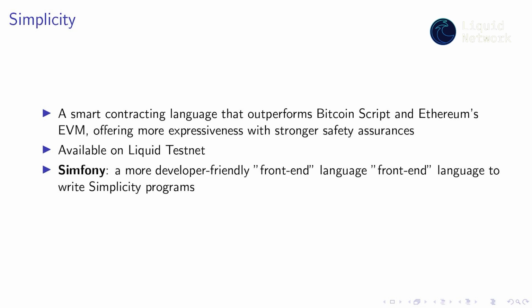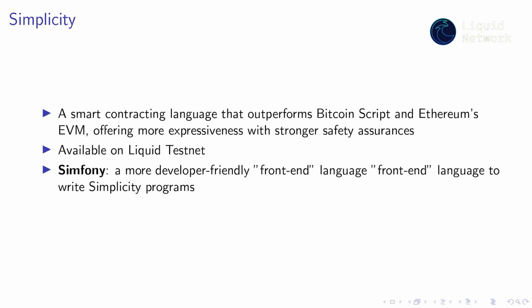Since very few days, since the end of October, it's available on Liquid Testnet, so you can play with it. We also offer a more development-friendly language, called Simfony, to write Simplicity programs.